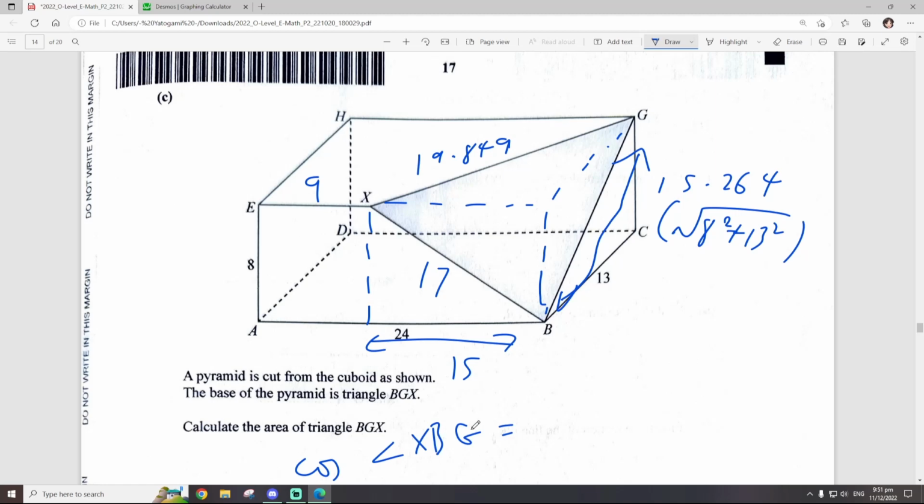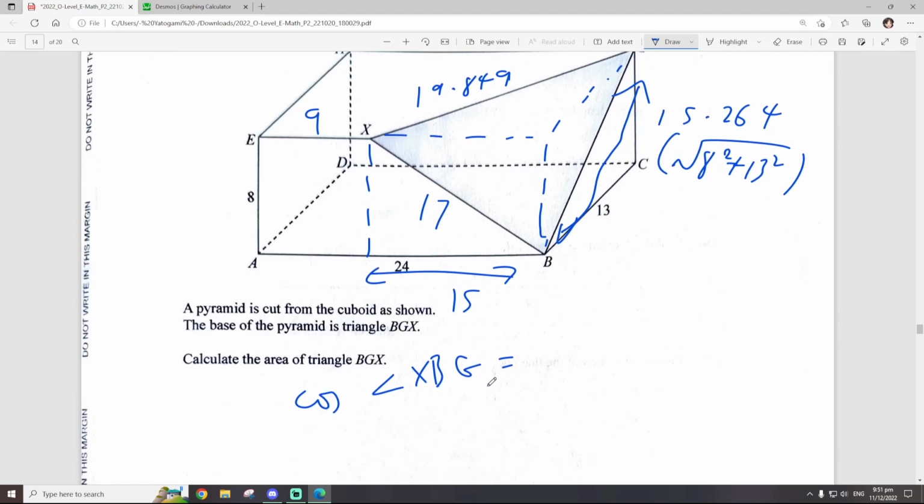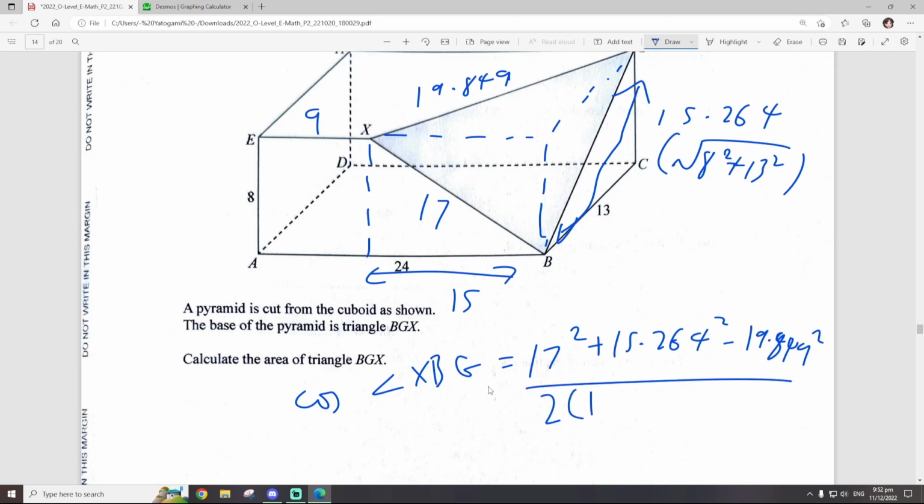So if I want to isolate this, I need to get the sum of these two squares: 17 square plus 15.264 square minus 19.849 square, divided by 2 times these measurements. Okay. And what is this equal to?